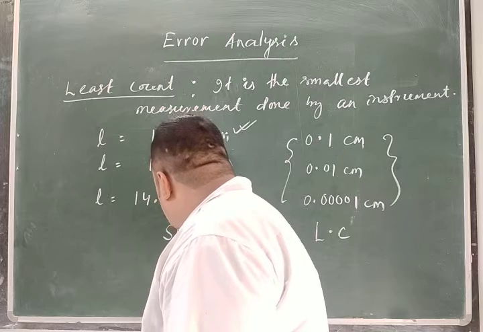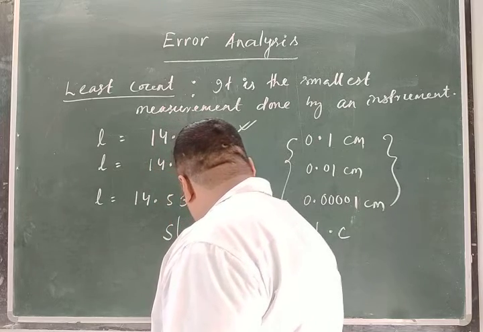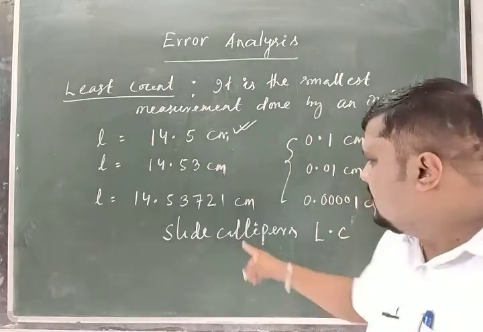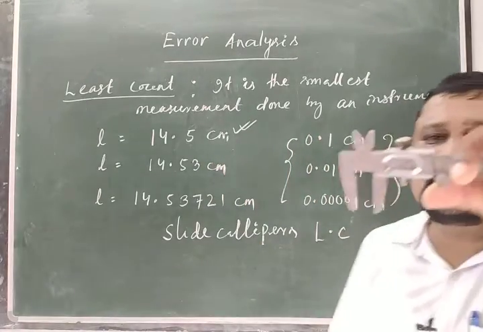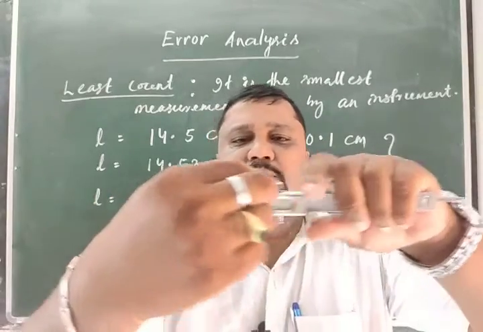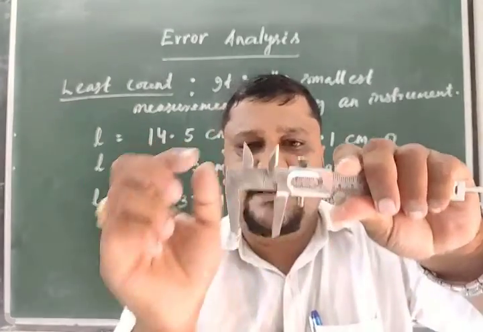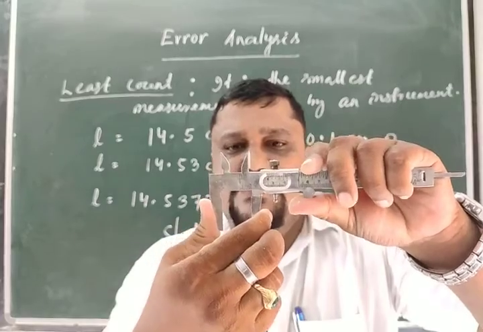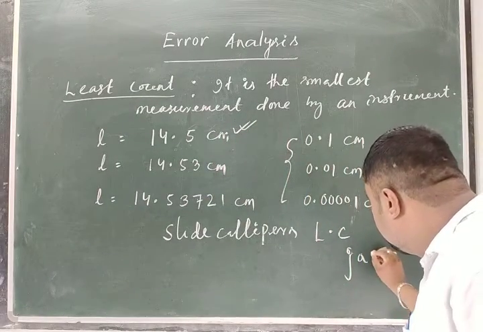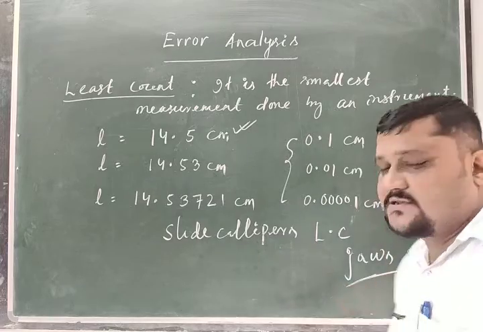Using this slide calipers, we can measure the internal diameter by using these jaws, the upper jaws and the lower jaws.